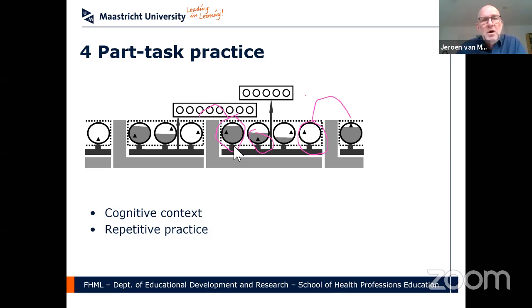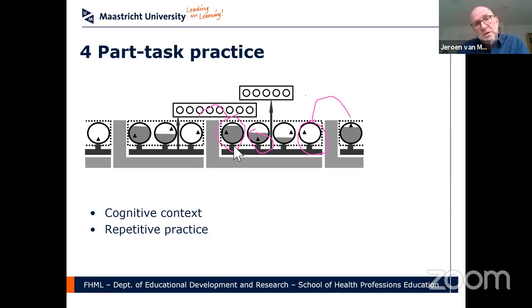What is important here when we look at the representation is that it is done in a good cognitive context, meaning that part tasks are only trained after the part has been introduced in the context of a whole meaningful task, so that students understand how practicing this part of the task might help them to become better in performing the whole task.